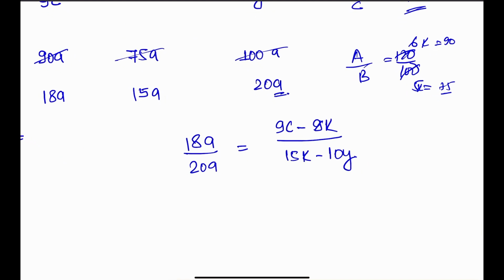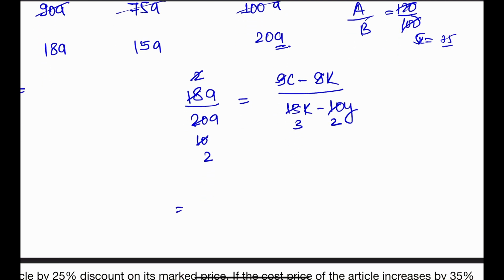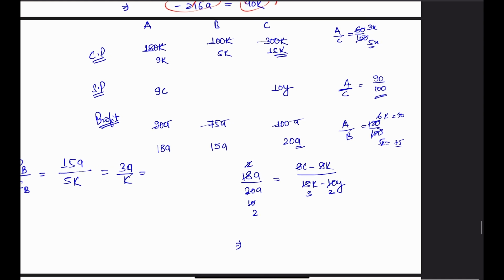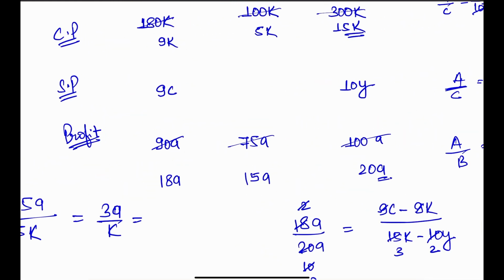So 9 here, it will be 2, here 10, so 5, 2, 3, 2. So eventually my this one will be 9, not 9c, 9y.